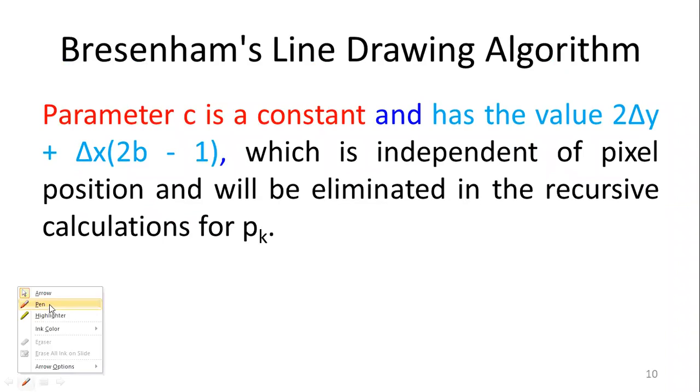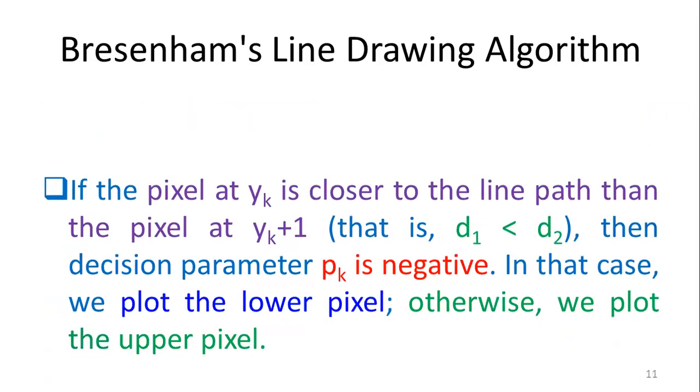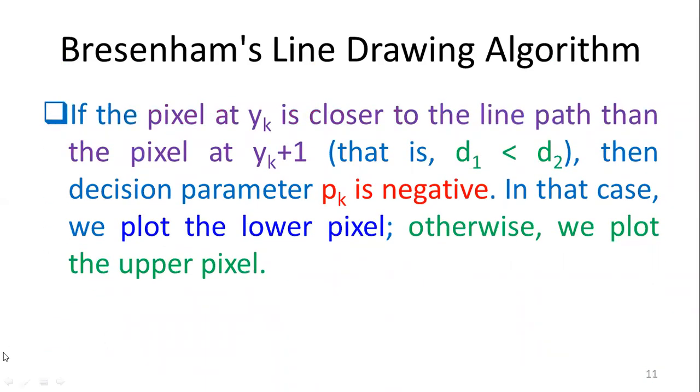I already said c was a constant, which was 2 delta y plus delta x into 2b minus 1, so we replace that constant with c. Now this we also discussed: if d1 is less than d2, then pk is negative.